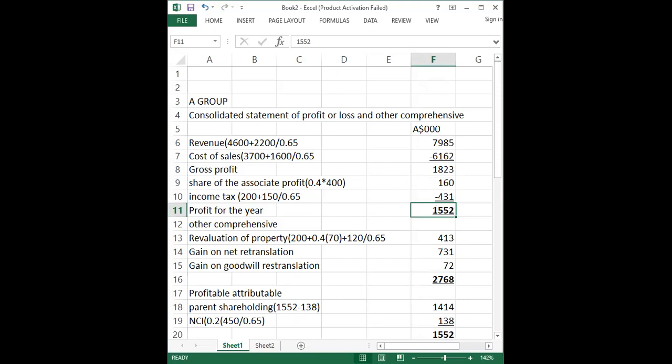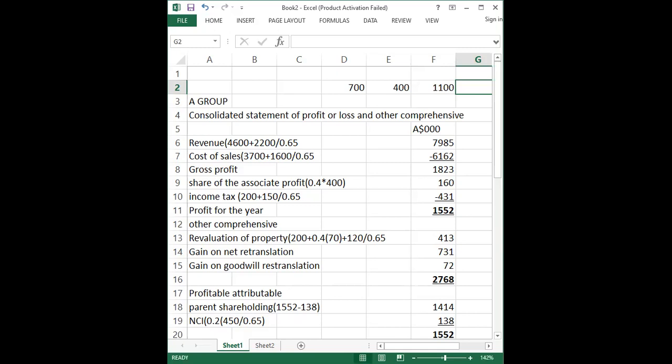So let's look at the parent profit for the year. The parent profit for the year was 700, isn't it? The share of the associate profit was 400. In total, the parent is having 1,100 as their own portion of the profit.